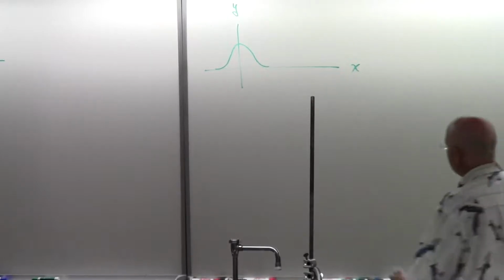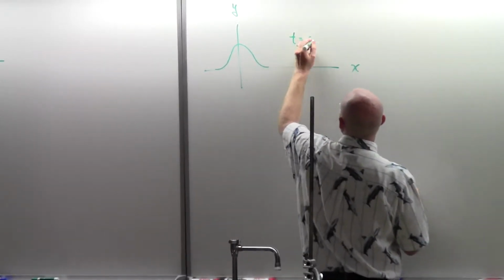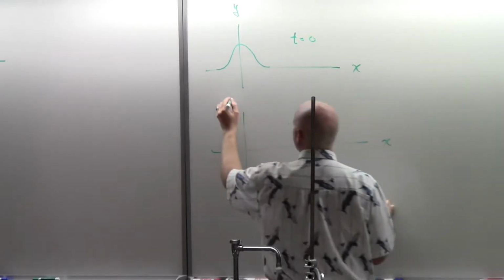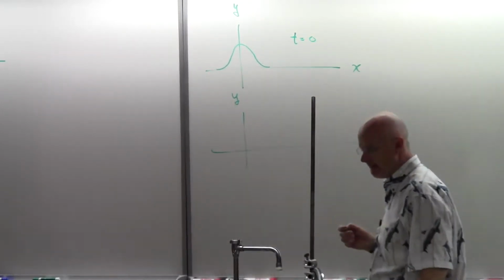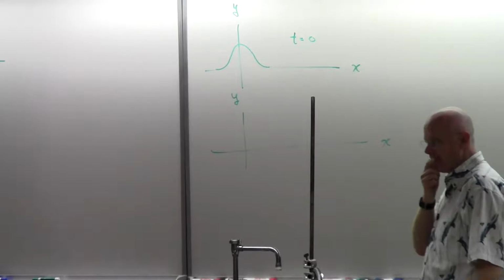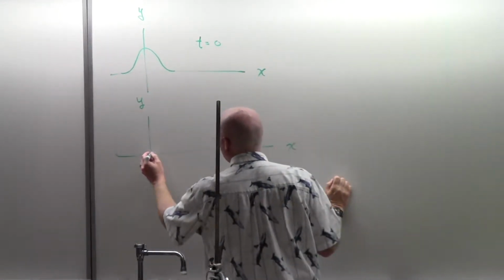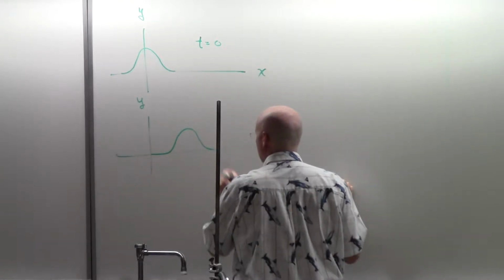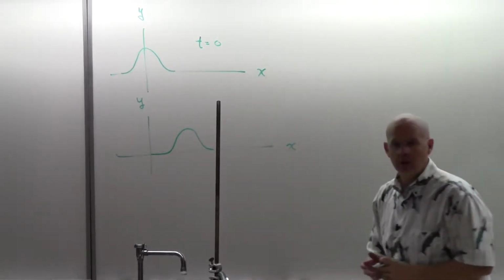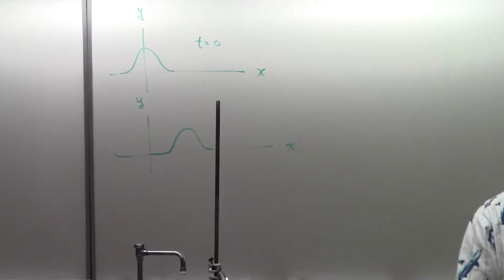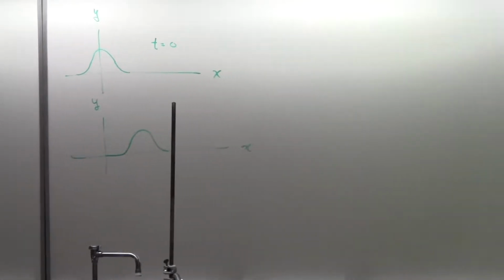And if I call this time equals 0, what would it look like a moment later? Well, I'm trying to illustrate that the wave would have its same shape, but shifted over. And let's let that be our definition.